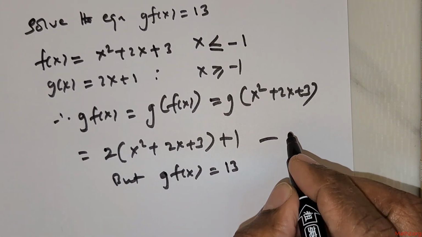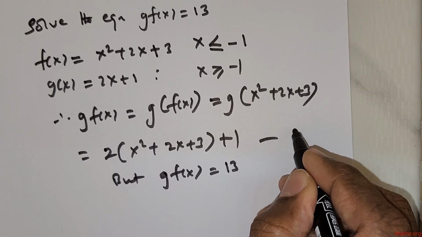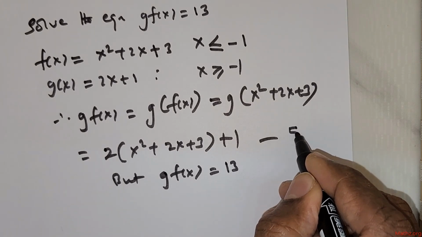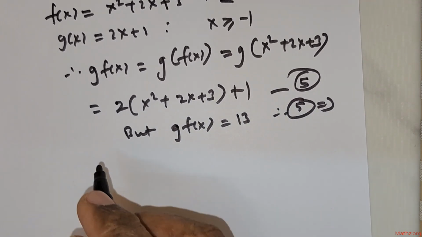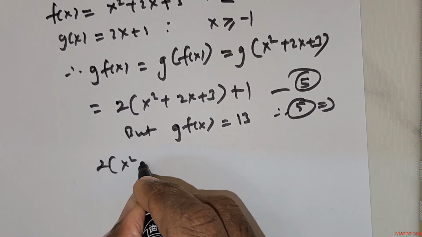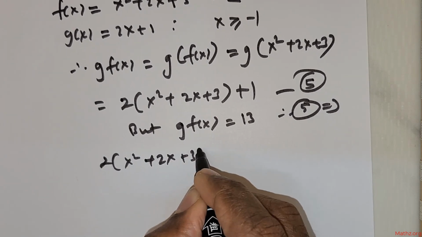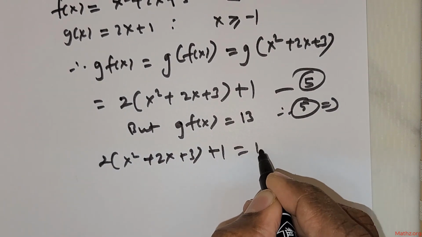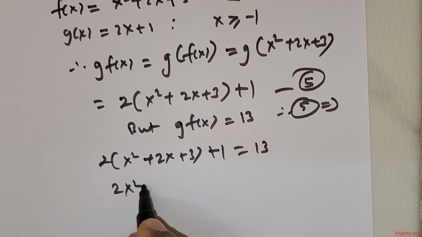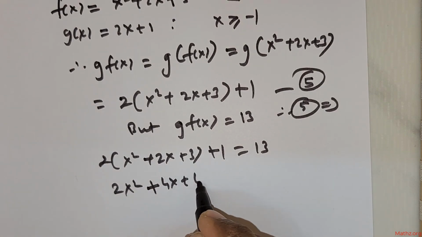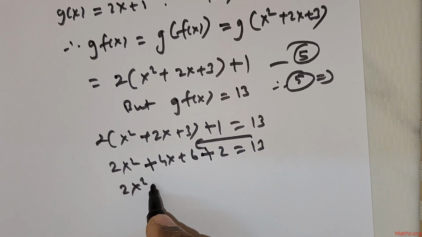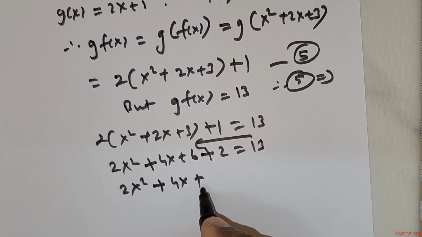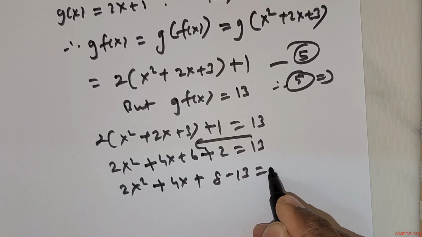So 2 times (x squared + 2x + 3) + 1 is equal to 13. So this is going to be 2x squared + 4x + 6 + 1 is equal to 13. You move everything to the left. This is going to be 2x squared + 4x + 7 - 13 is equal to 0.